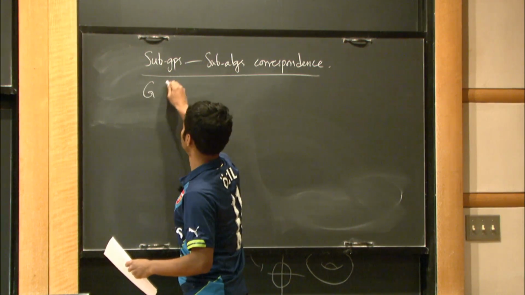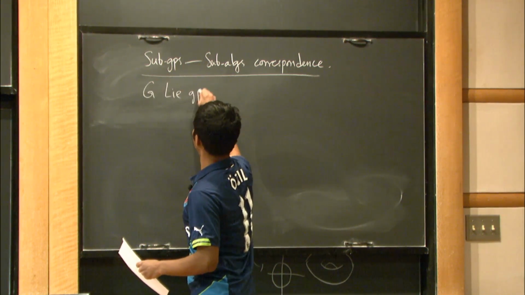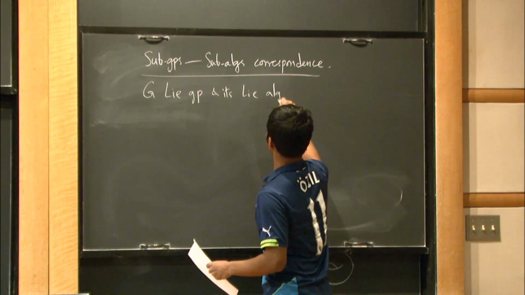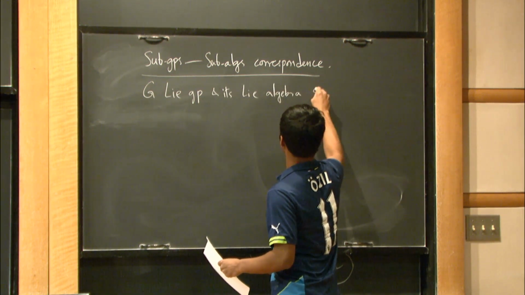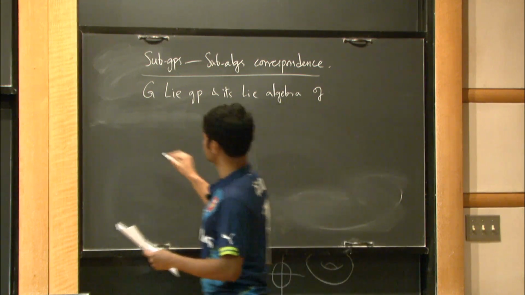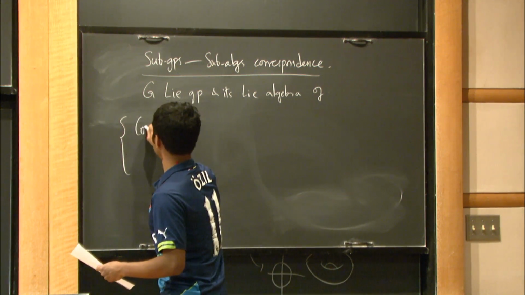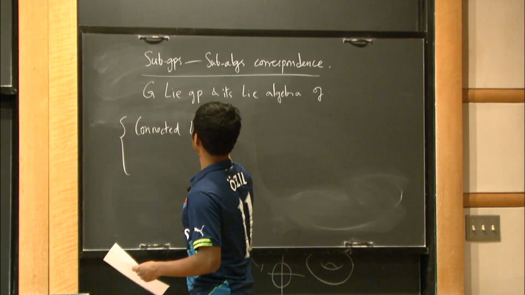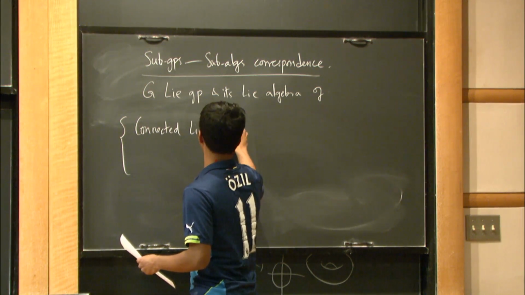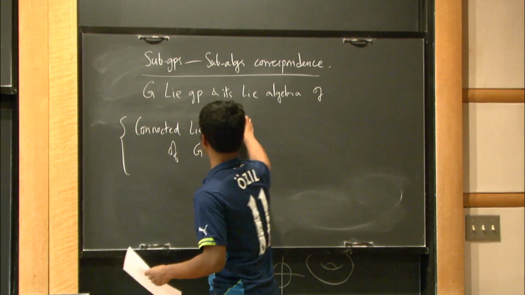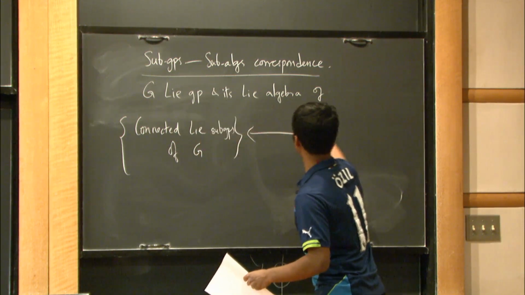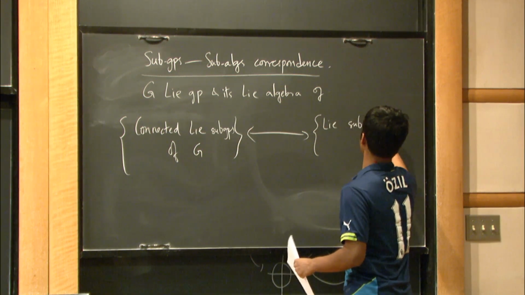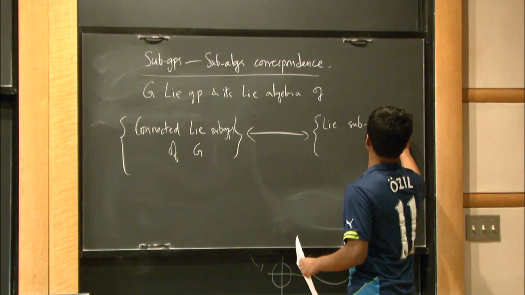Suppose you have some Lie group, and its Lie algebra is this. Then connected Lie subgroups of this Lie group are in bijection with Lie subalgebras of this guy.